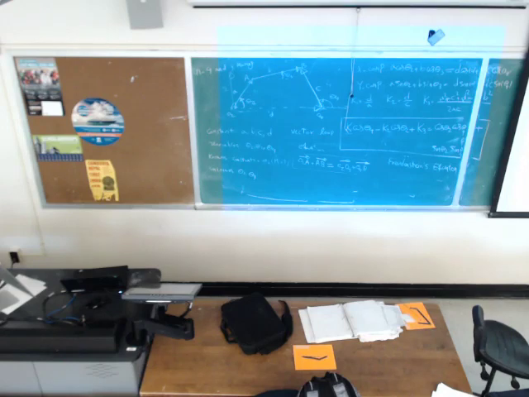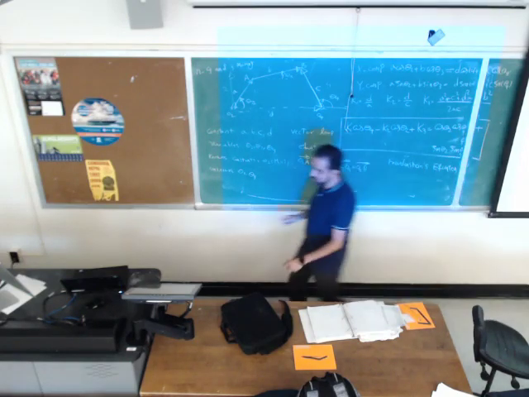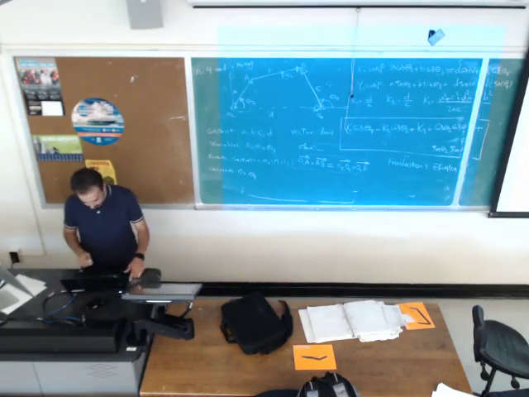The cosine of any angle is going to be 1 minus tangent squared of the half angle, divided by 1 plus tangent squared of the half angle. And sine of theta is 2 tangent of the half angle, divided by 1 plus tangent squared of the half angle. This can be proven.